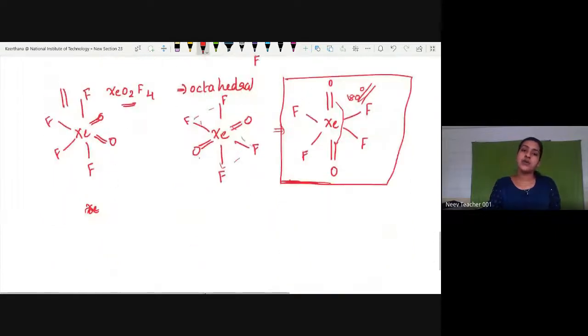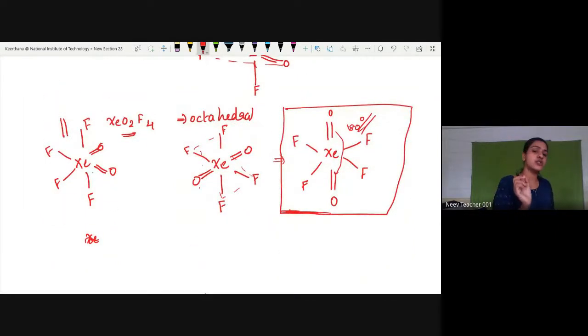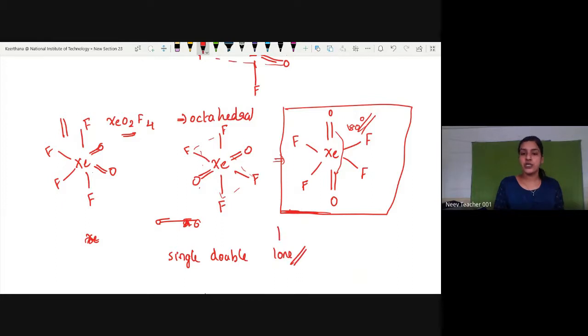Keep in mind, double bonds will always try to arrange in minimum repulsion when we have sigma bonds and double bonds. And when you have sigma, pi, single, double, and also lone pairs, you should first concentrate on the arrangement of lone pairs in the minimum repulsion or maximum distance arrangement.